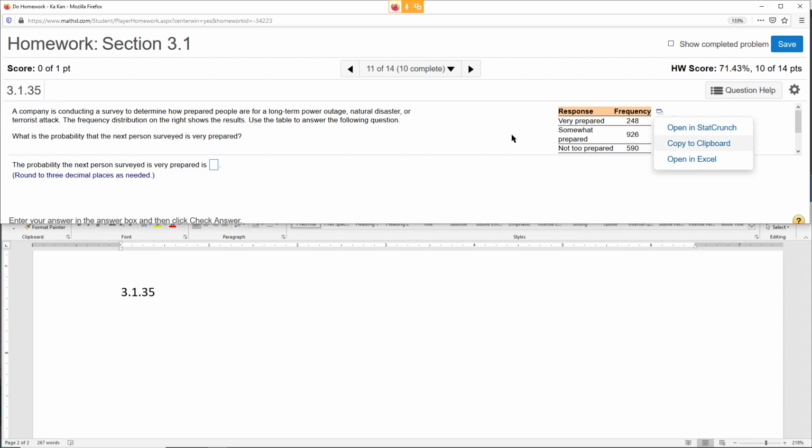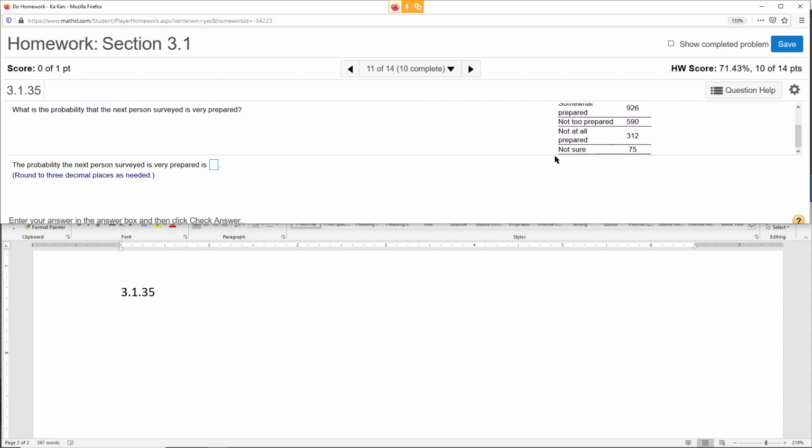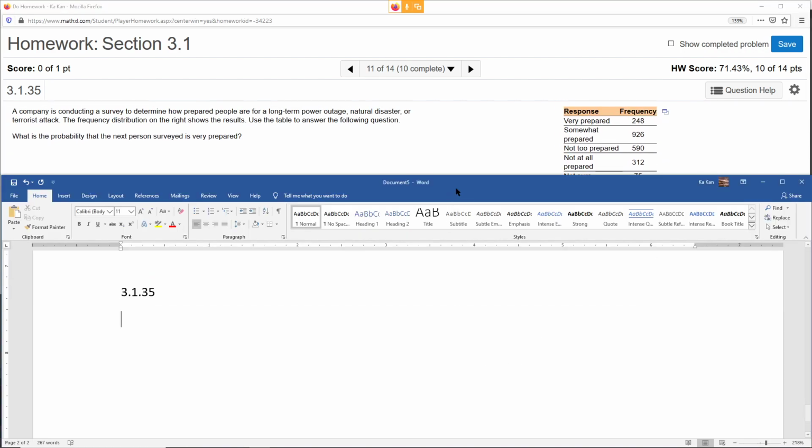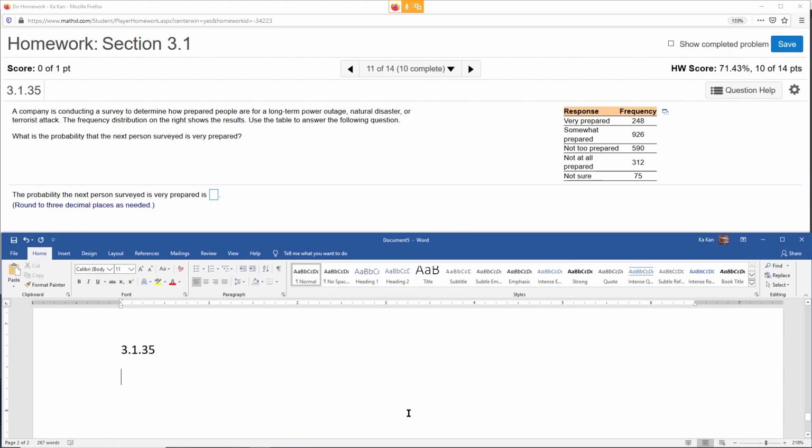So let me make this a little bit bigger. There you go. So the game is this. We have these people who answer the survey. So the question would be, based on just the empirical data, what are the chances that the next person would say he is very prepared?